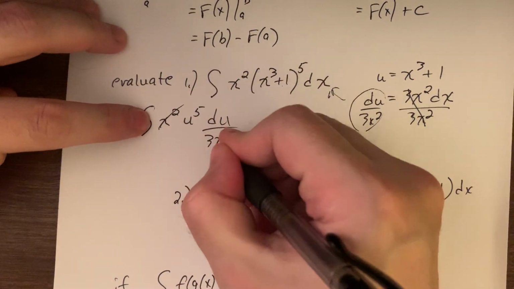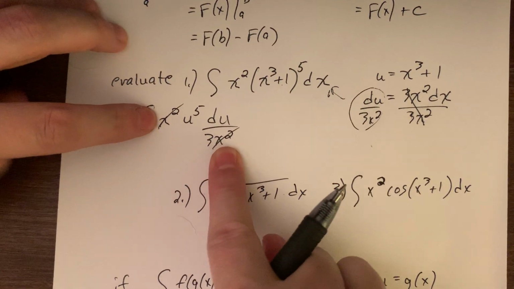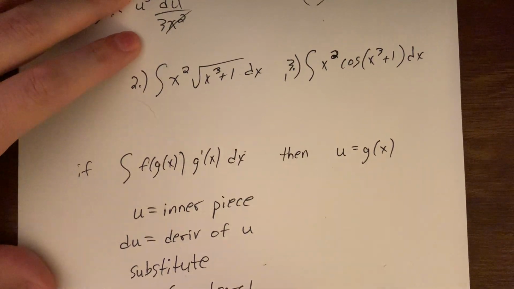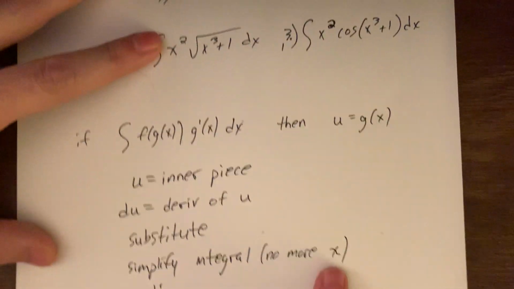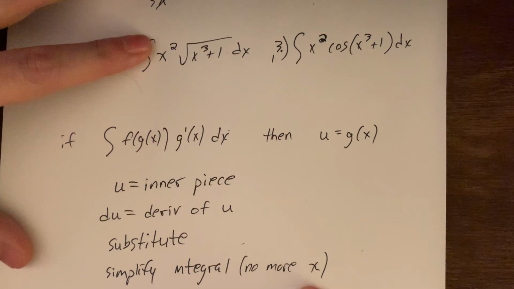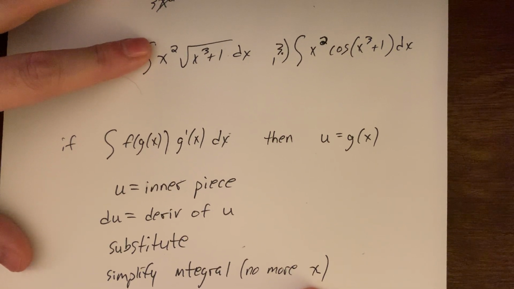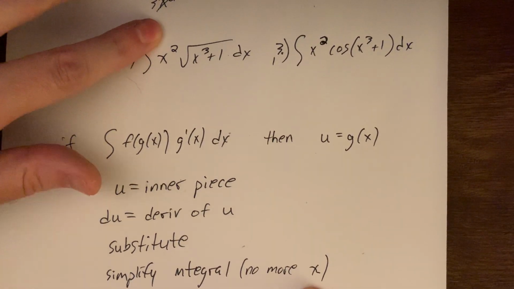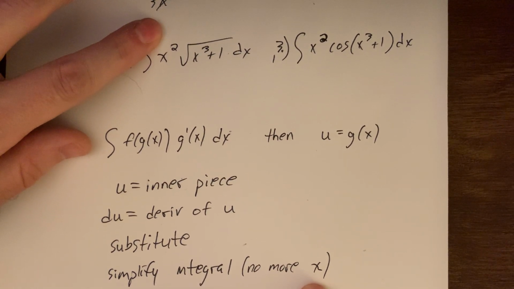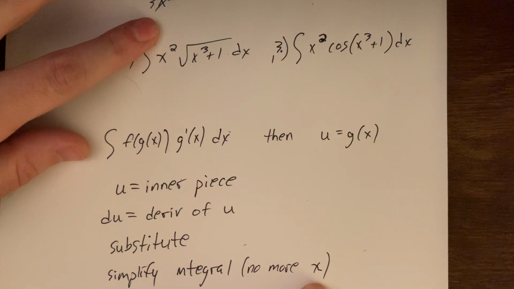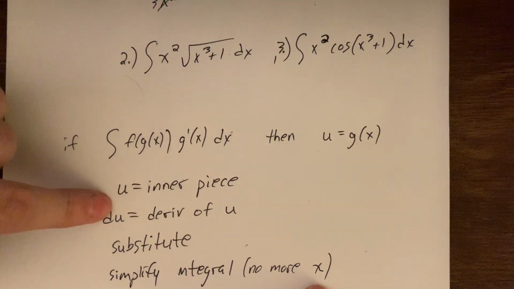The x squareds would cancel. So simplifying the integral really means that you're converting to your new variable. So now I should have no more x's or thetas or t's, whatever our original variable is, and we should have completely transformed this into a new integral in terms of my new variable u.